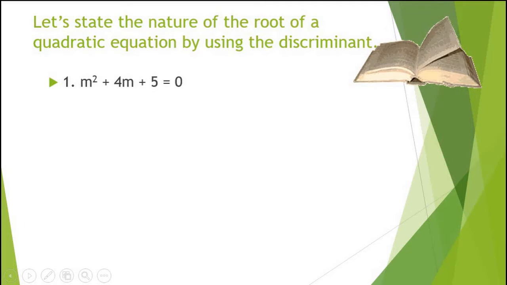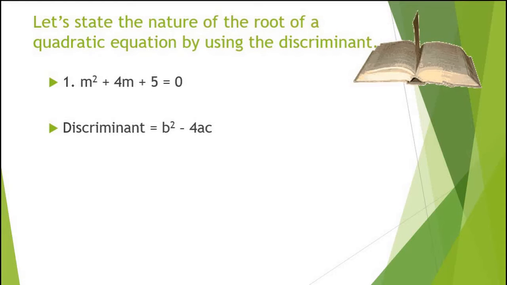For number 1, m squared plus 4m plus 5 is equal to 0. The formula for the discriminant is b squared minus 4ac. a is equal to 1, b is 4, and c is 5.